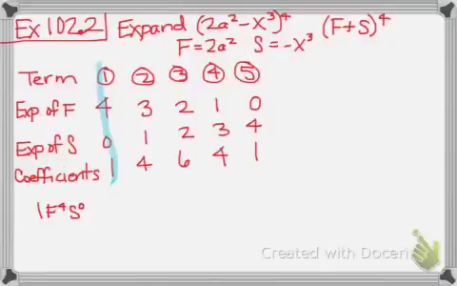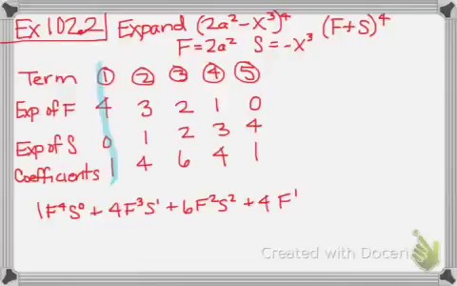Okay, so 1 f to the fourth, s to the 0. And then 4, and we have f to the third, s to the first. Then we'll have 6 f squared s squared. Then we'll have 4 f to the first, s cubed. And then 1 f to the 0, s to the fourth.